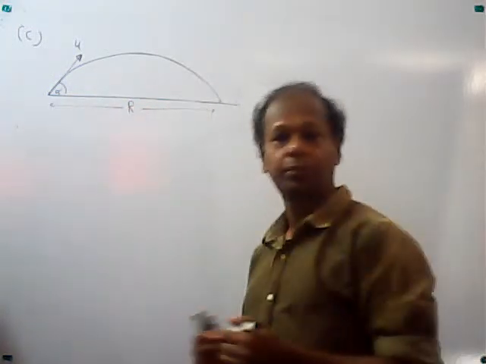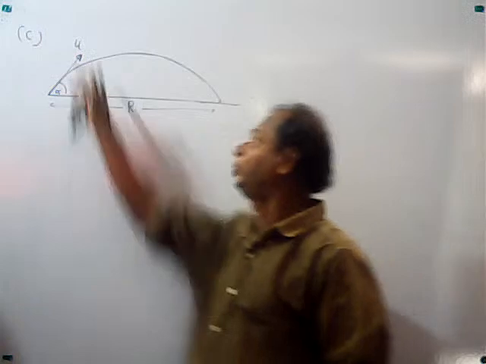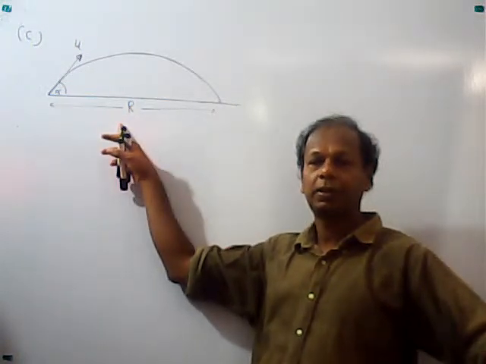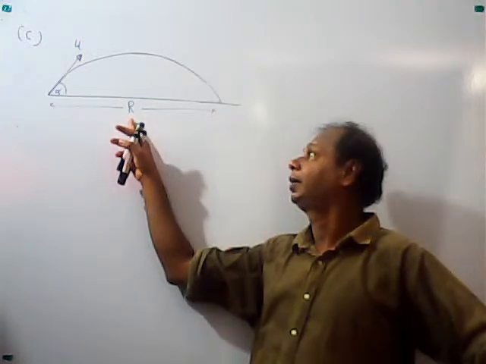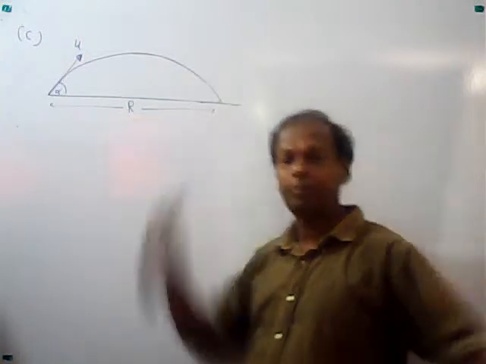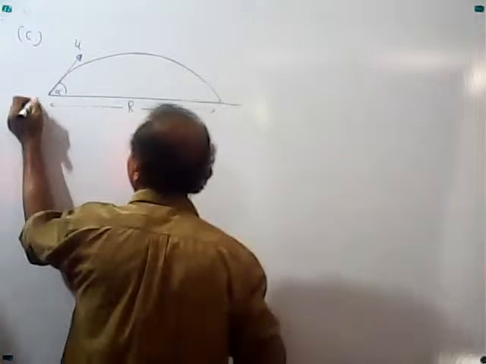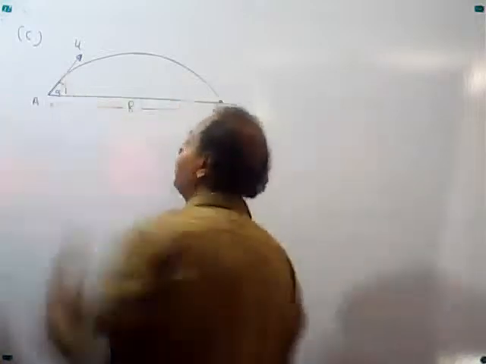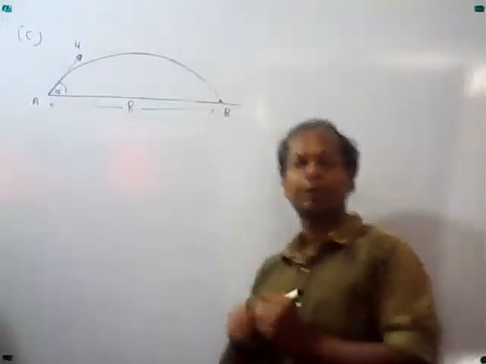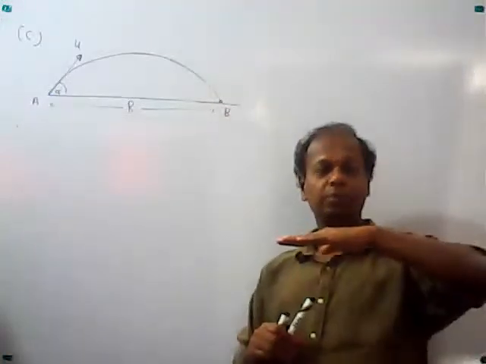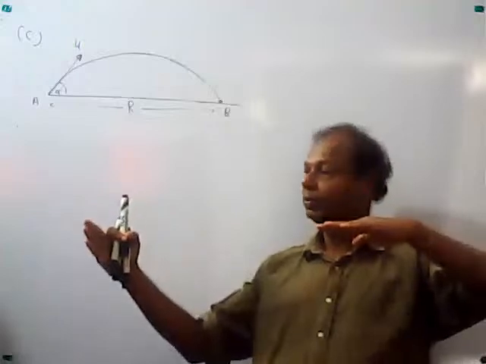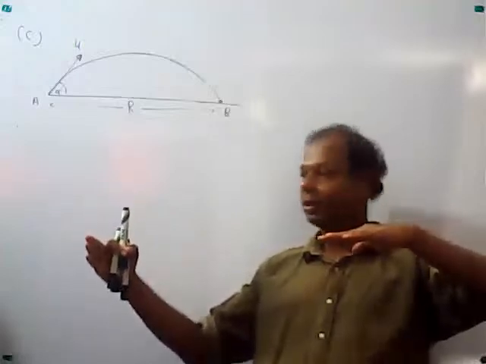This time we have to prove that u is given, r is given, then to fall at the same point, for the particle to reach the same point B, you have to show that this alpha has two values, two angles. So you have some speed, you want to throw it to a certain point.